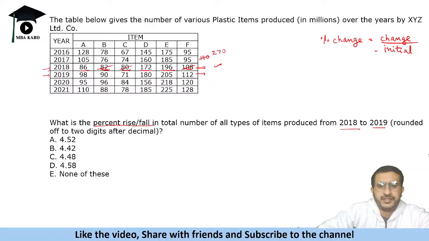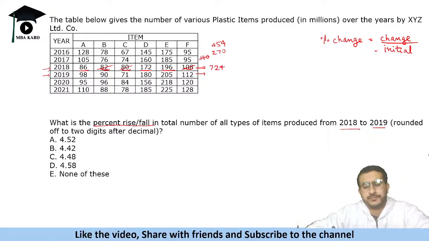So this will be 368. 368 plus 86 is 454. Then 724. Okay, so 724 is the total.